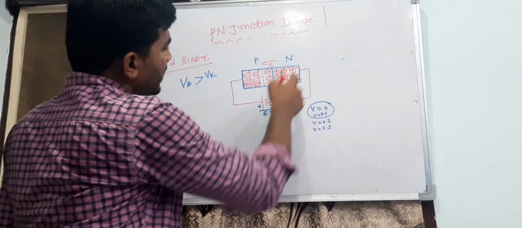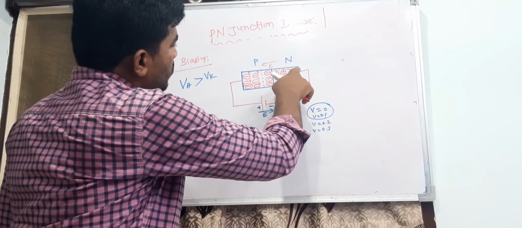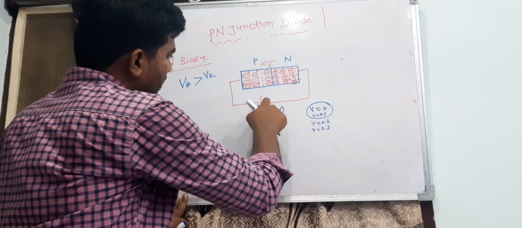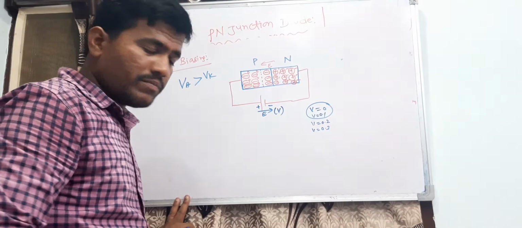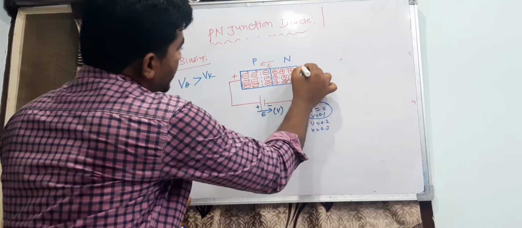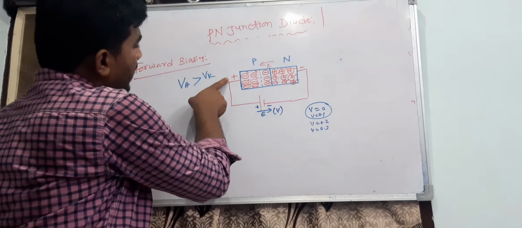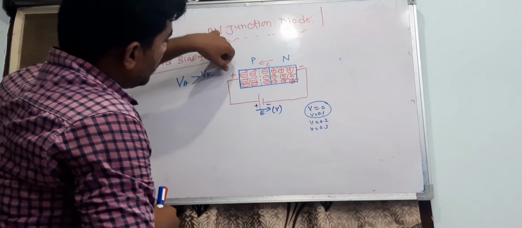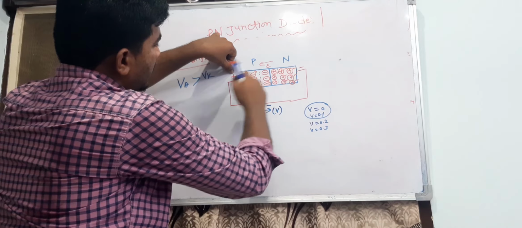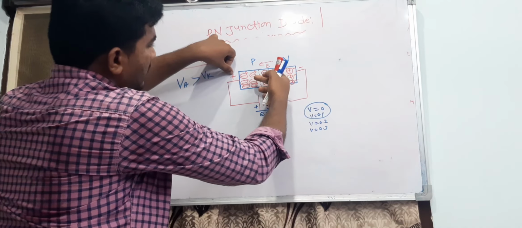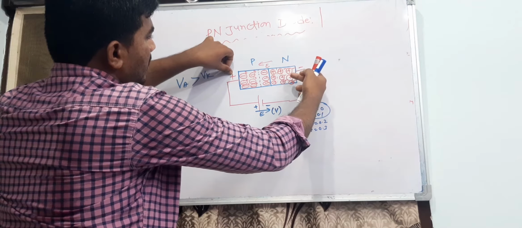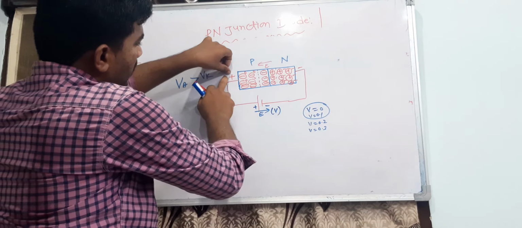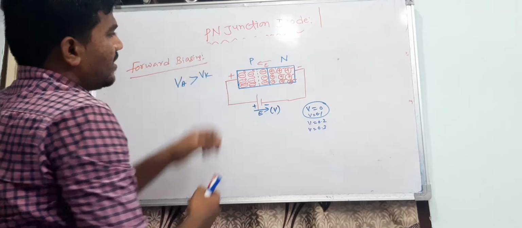When I apply the negative terminal to the n-type semiconductor, the electrons present in the n-type semiconductor get repelled by this negative terminal, and at the same time the positive terminal present in the p-type semiconductor attracts these electrons.